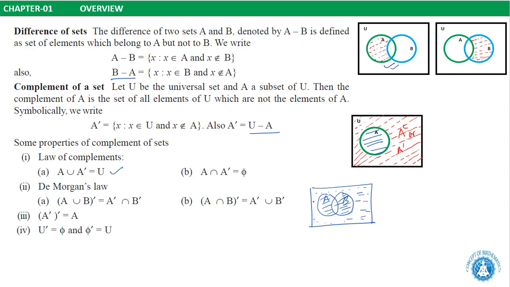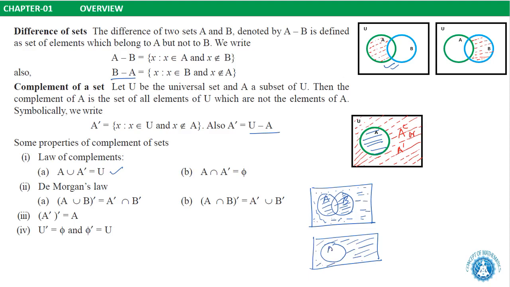The remaining part represents the complement of A union B. Then on the right hand side, the A complement will be the whole thing.